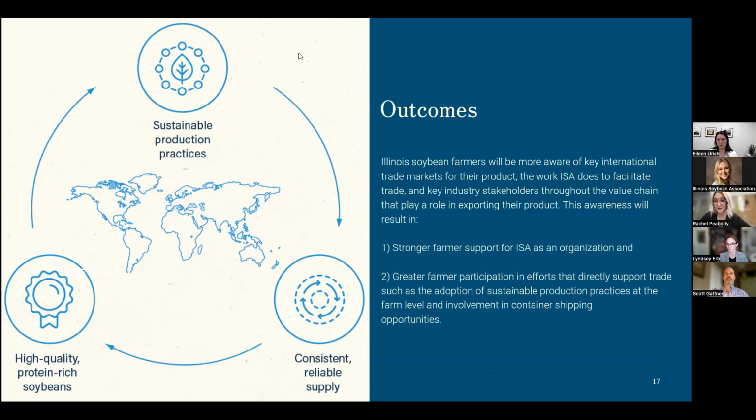When we have buyers come to the United States and to Illinois, we want farmers to have a vested interest in telling their farm story, and to participate in that, but then to also buy into the things that make us such a great product that global customers want to buy, whether that's sustainable production practices, or the competitive advantages we have from a logistical standpoint, and the way that we're able to produce soybeans here in Illinois and the part that the farmer plays in that. So that's really important too, that Illinois farmers want to be on the other side of that equation, and have those interactions and their own relationships built with their global customers.